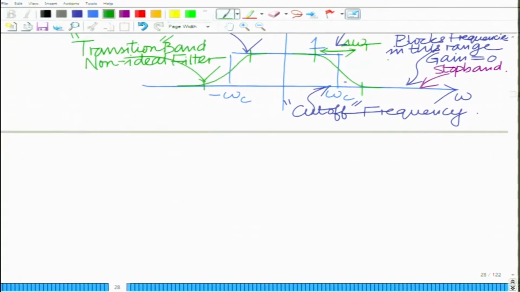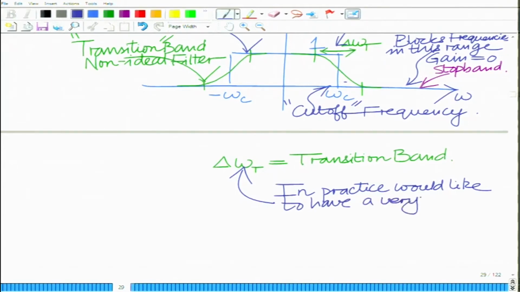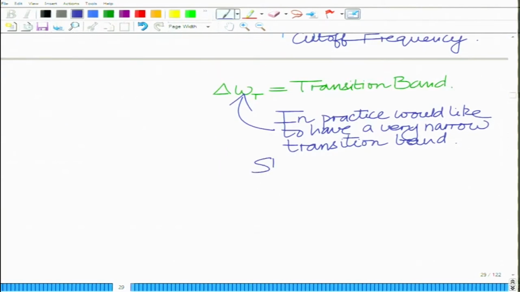So in practice we would like to have this delta omega transition, and we would like to have a very narrow transition band, which means we want a very sharp cutoff, very sharp edges of the filter.